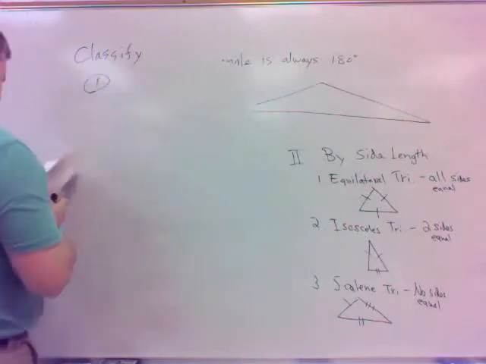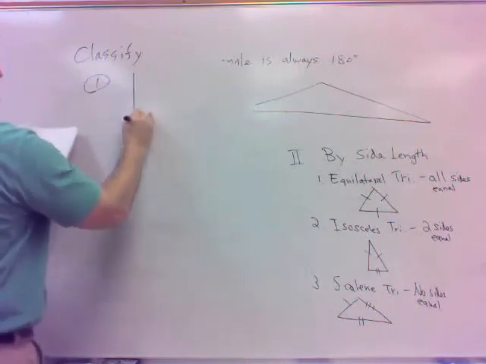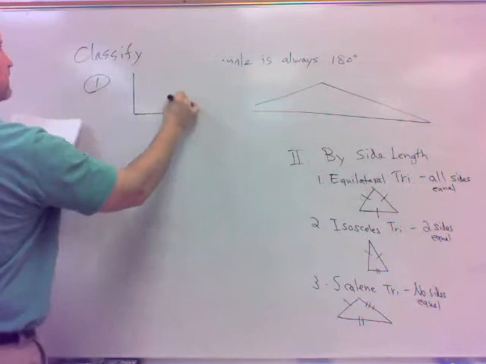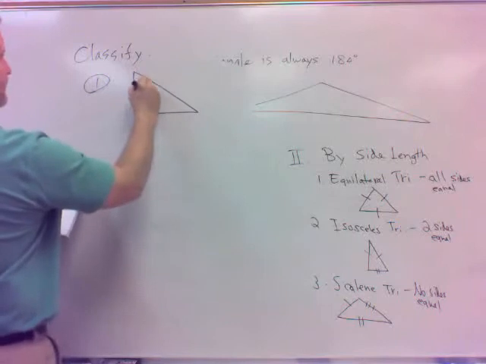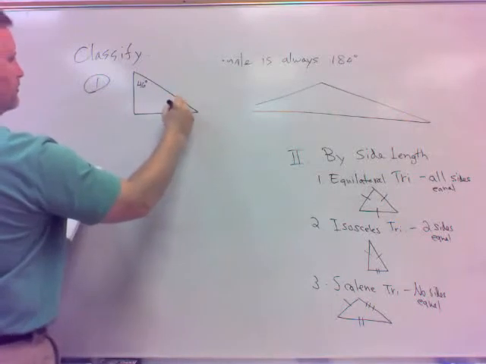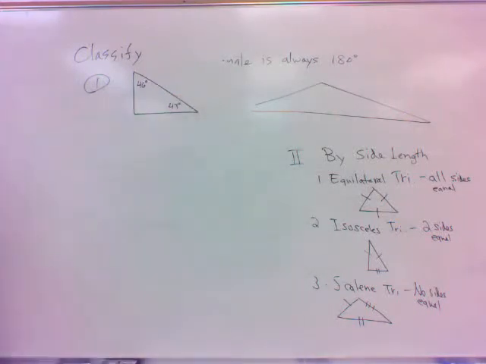Number 1. Looks can be deceiving. Let's classify that triangle two ways: by angles and by sides.